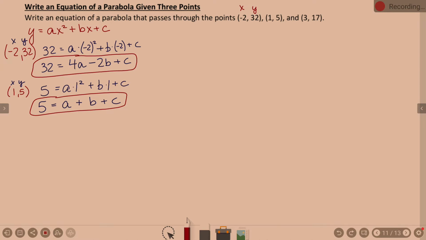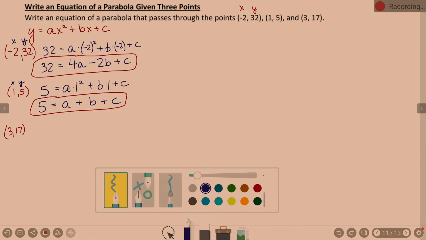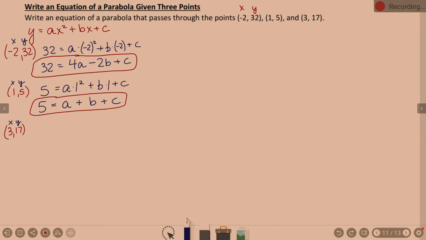And repeat the process one more time. This time my ordered pair is 3, 17. We're okay with the setup then, right? Okay.